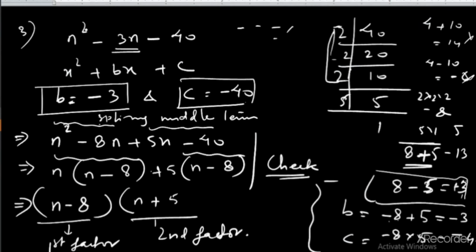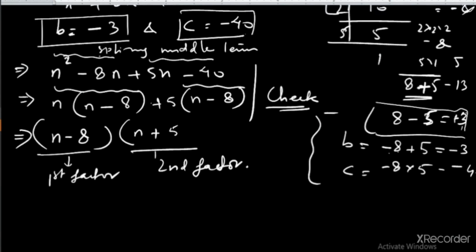If you have minus here and minus here, you need to consider it the same as this only. Everything will be the same. Understood? So I hope you are now clear with this type of factorization, where you have the expression in the form of x square plus bx plus c.